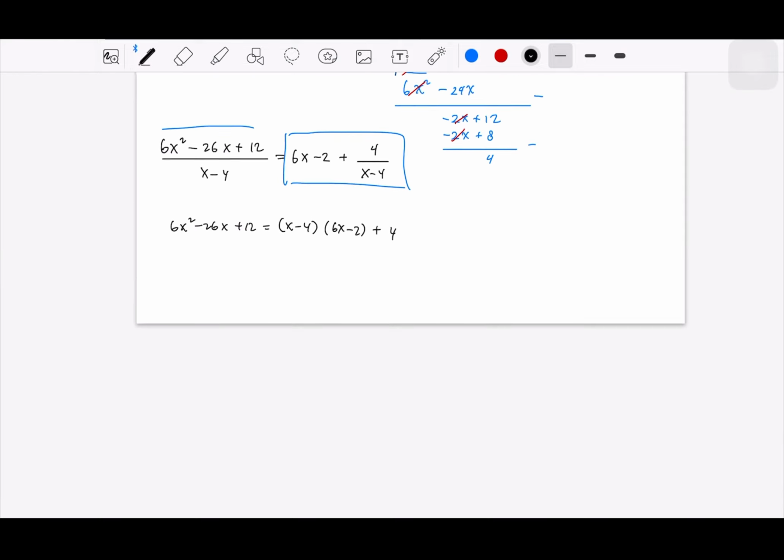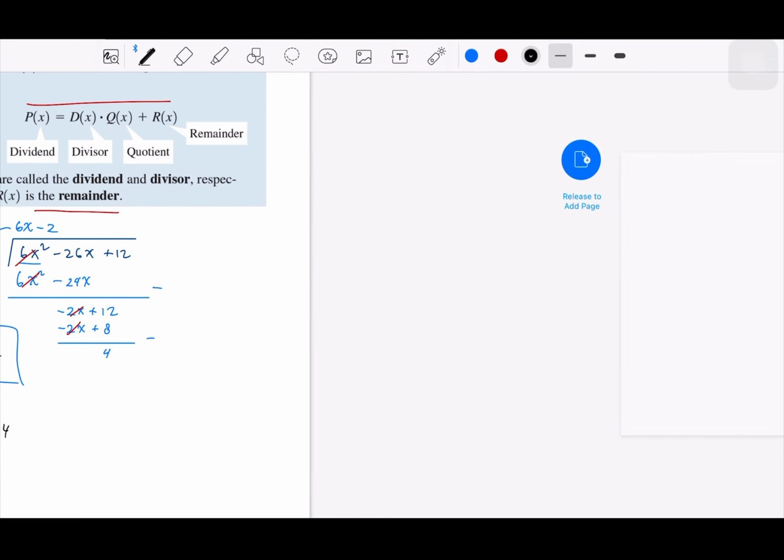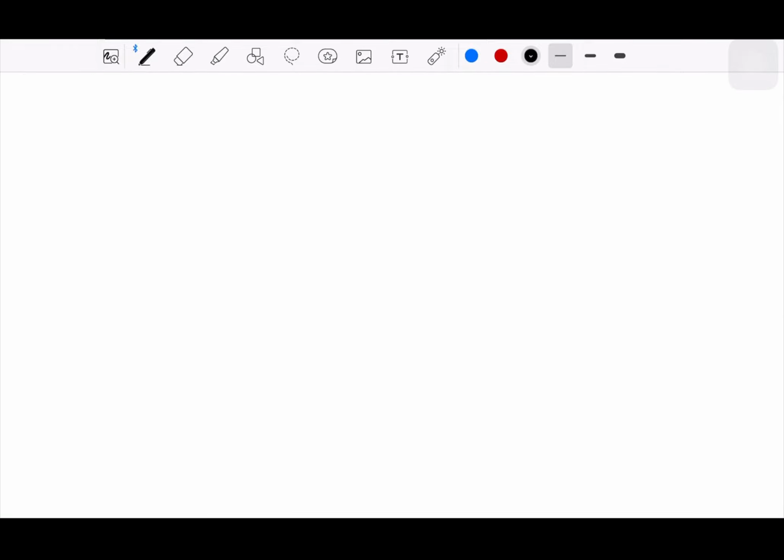Okay, let's see another example, and then we move on to another perspective or another method. So let p of x be 8x to the 4th plus 6x squared minus 3x plus 1, and d of x be 2x squared minus x plus 2. So we need to divide p of x by d of x.